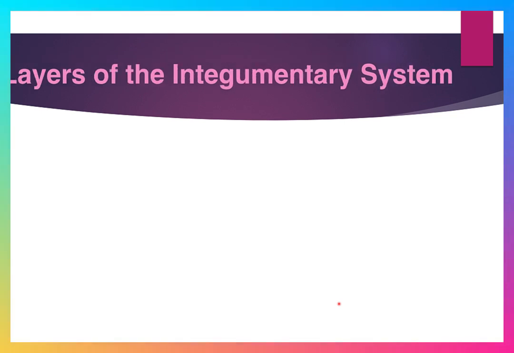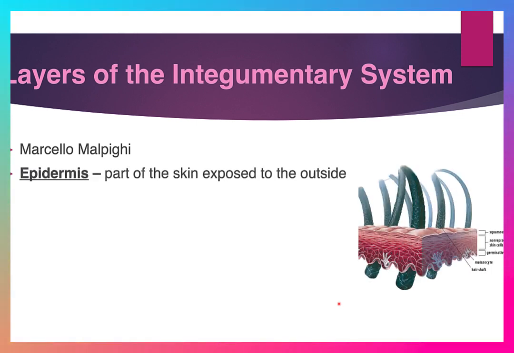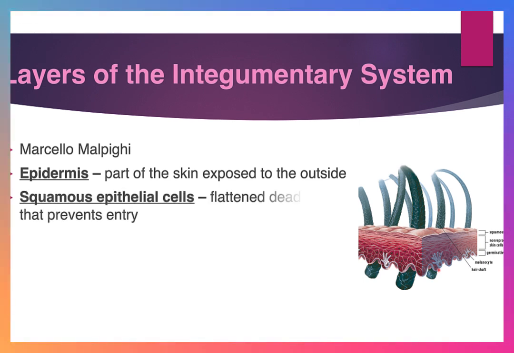So the layers of the skin, which were first described by Marcello Malpighi, are the epidermis, and the epidermis goes from the top layer here down to what's called the basal layer, and the basal layer is what is actively dividing all the time.